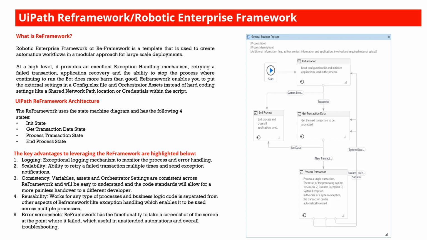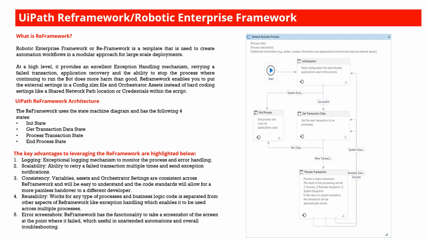So if it is a business exception, that means there is something incorrect with data and we need to move to the next data set. Or there could be an issue with the application itself. So if there is an issue with the application, a different approach has to be followed, right? So you will see that whenever there is a system exception, control is going back to init state.